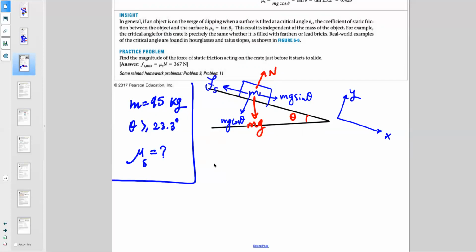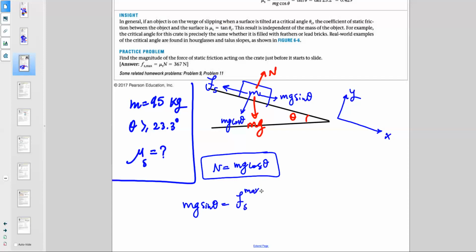Along the y direction, I will always have mg cosine theta and n being equal, unless we have another force involved. All the forces along the y direction should cancel out. Along the x direction, since the object is not moving, it's about to move, this is the maximum amount of friction. In other words, mg sine theta should be equal to f of s max.